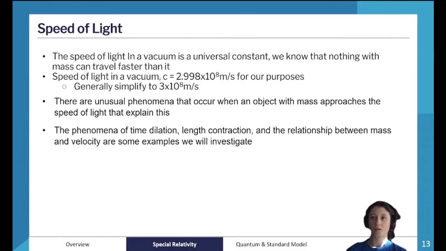So, these unusual phenomena include time dilation, length contraction, the relationship between mass and velocity, and we'll have a look through those. So, the key takeaway from this slide is that nothing with mass can travel at or faster than the speed of light. And the reason for that is those 3 concepts that we'll have a look at in a second.